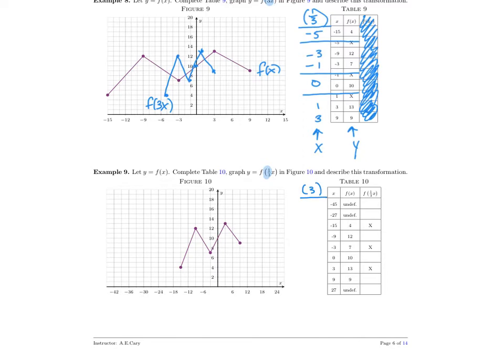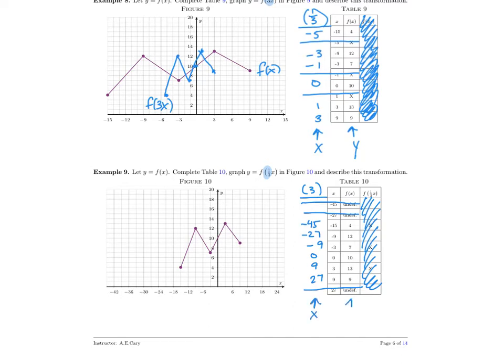Now, anywhere where there's anything that's undefined, we're just going to ignore this. And I see undefined up here, and here, and here. So we're just going to deal with these points here. So when I multiply those x values by 3, I get negative 45, negative 27, negative 9, 0, 9, and 27. So this one's going to get really wide and really stretched out.